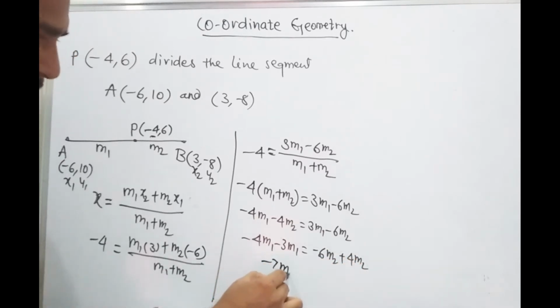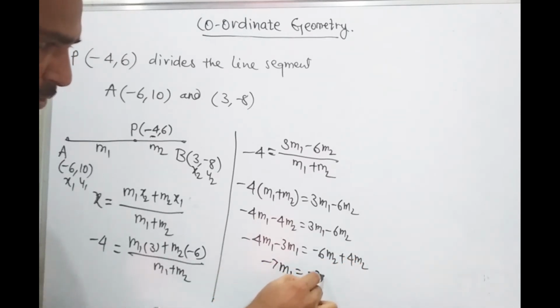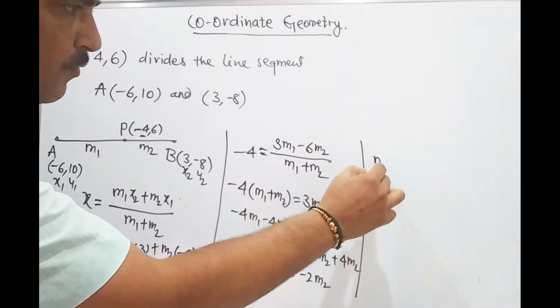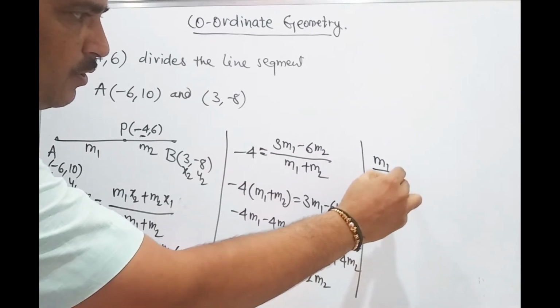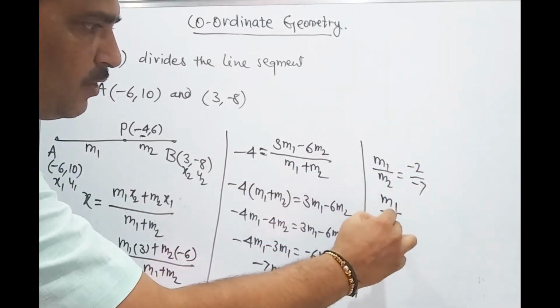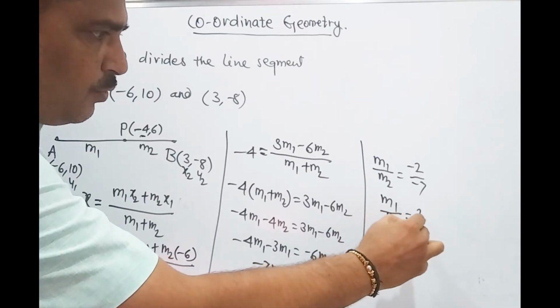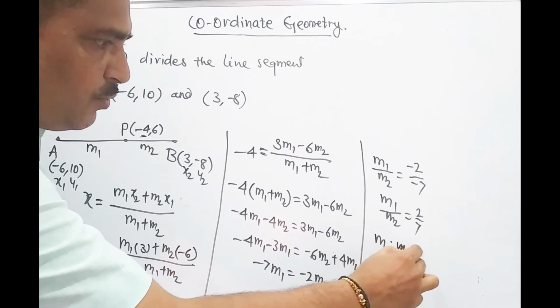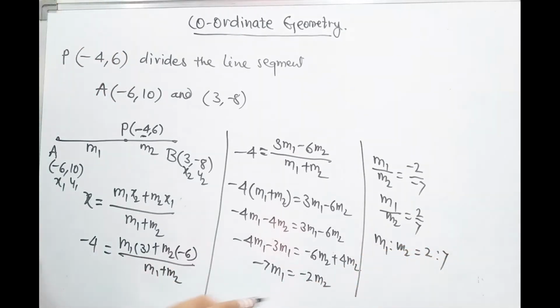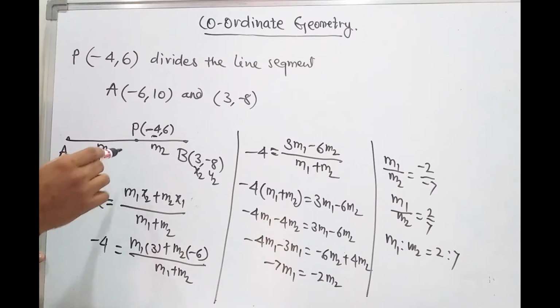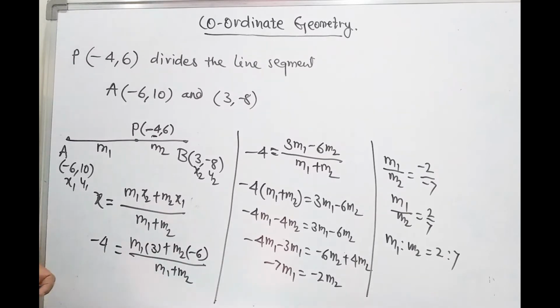So -7m1 is equal to -2m2. Means m1 upon m2 is equal to -2 upon -7, that is m1 upon m2 is equal to 2 by 7. Therefore m1 is to m2 is equal to 2 is to 7. So in this way we can find the ratio m1 is to m2 by using the section formula.